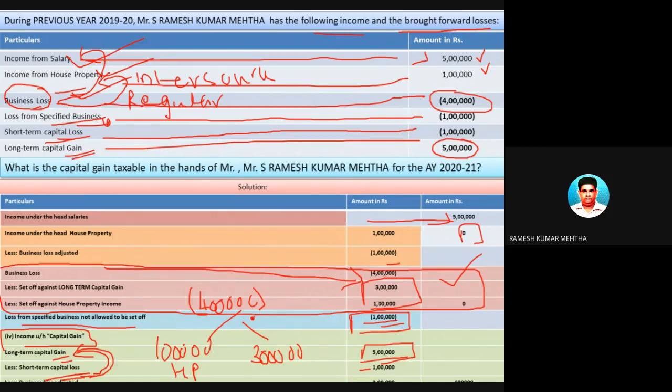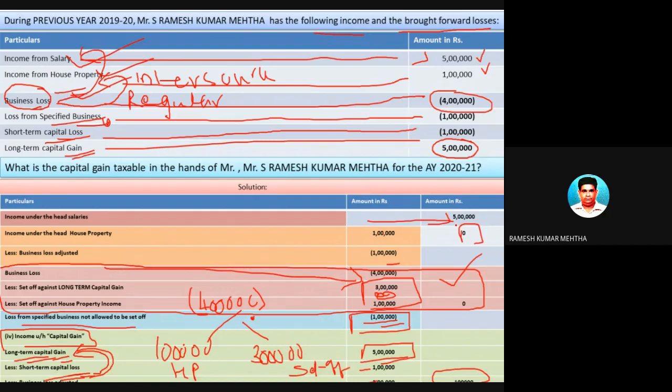Number two, we have already set off a business loss against the long term capital gain, which is 3 lakh rupees. So 5 lakhs minus 1 lakh minus 3 lakhs is equal to 1 lakh rupees.